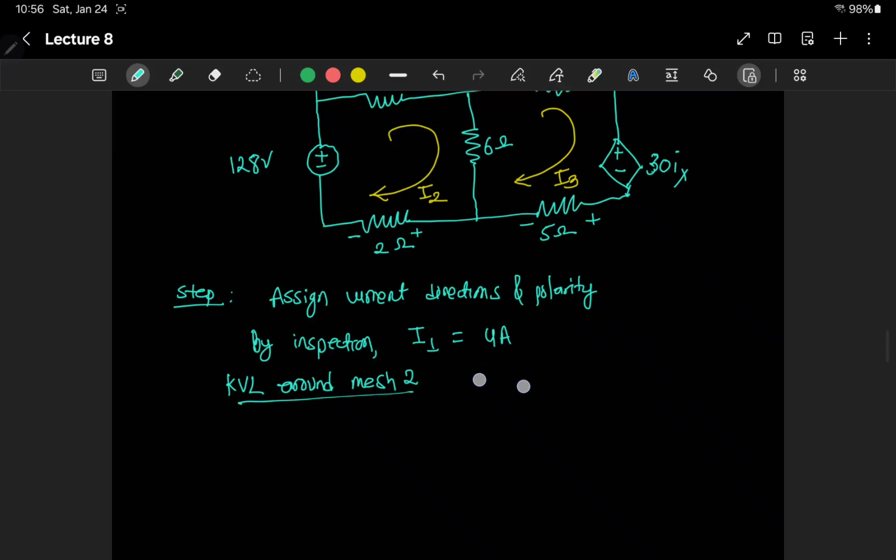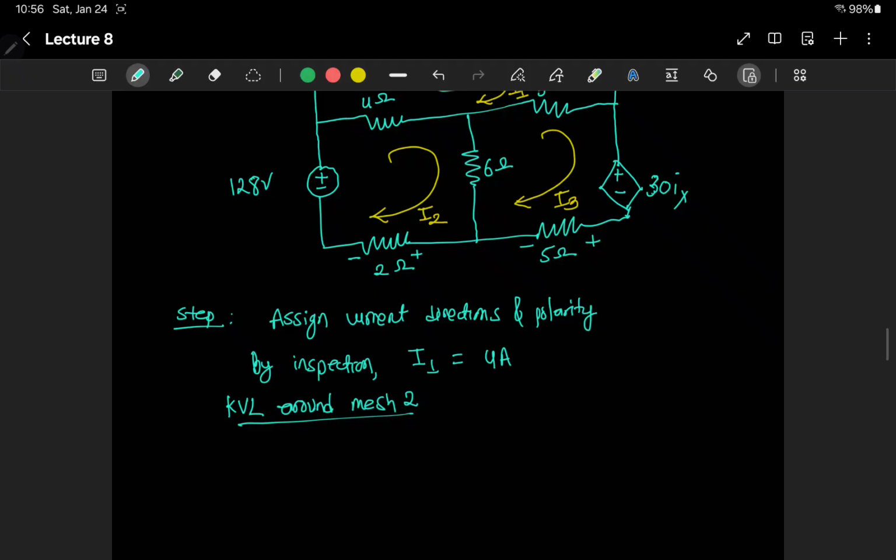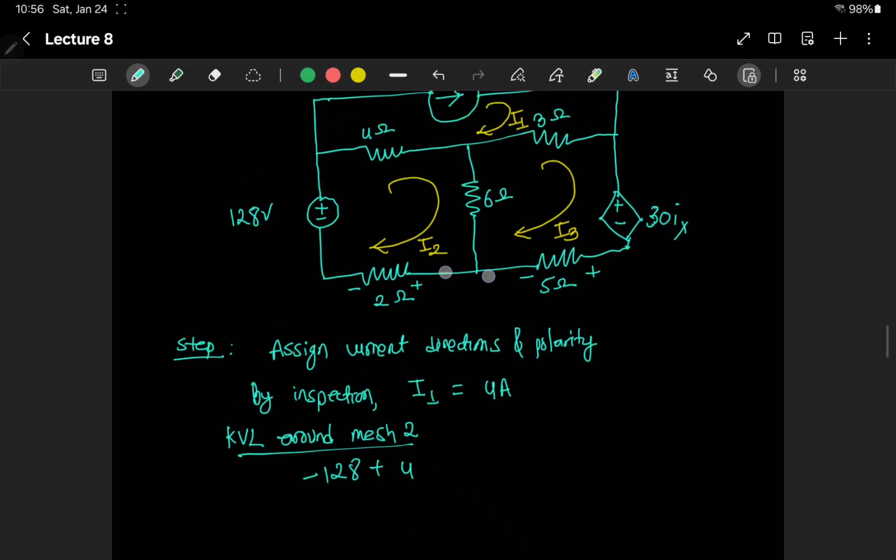So around mesh 2, if we start from here, it's going from negative to positive terminal, so that will be minus 128, plus we have a 4 ohm resistor here. The current I2 is flowing in this direction, but then we have I1 coming in the opposite direction, so we have 4 times I2 minus I1, but we already know the value of I1, so rather than writing I1, I'll just put it as 4.